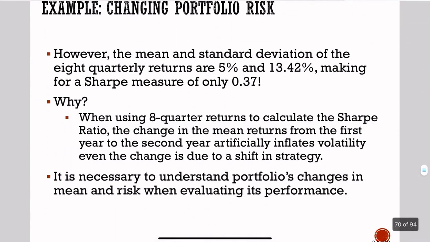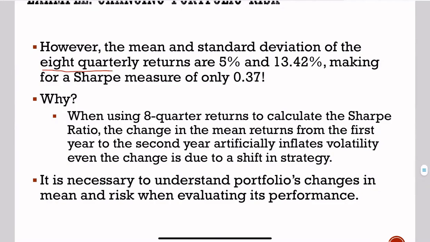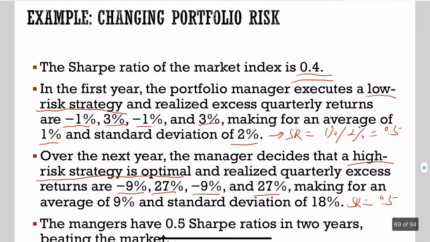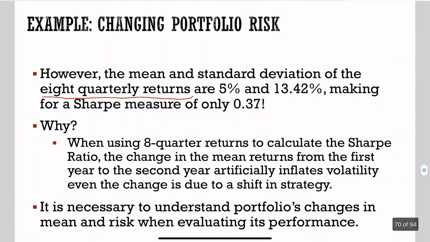Now let's calculate the Sharpe ratio by combining these 2 years. Now we have 8 quarterly returns. If you use these 8 numbers, you can find an average of 5% and a standard deviation of 13.42%.